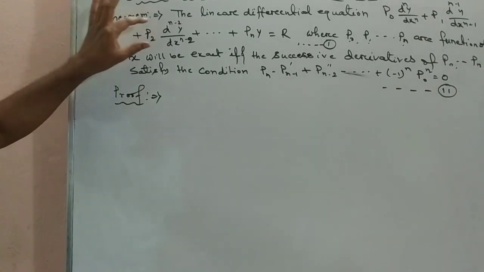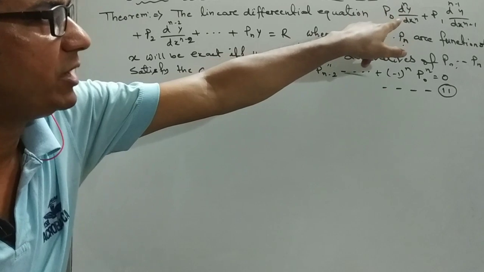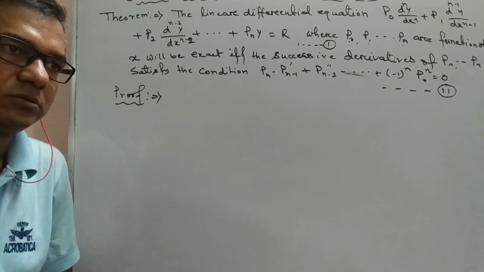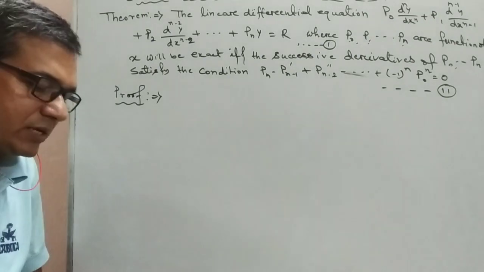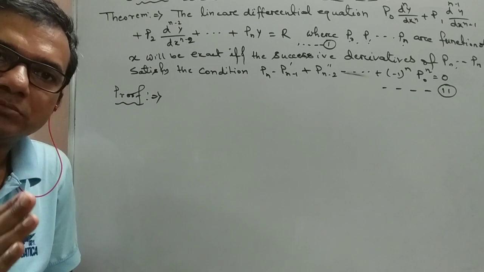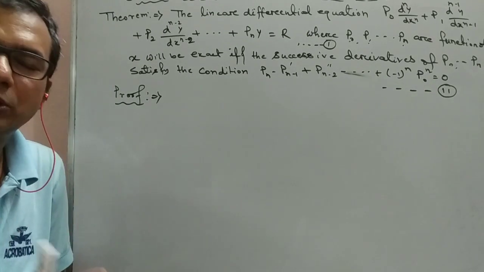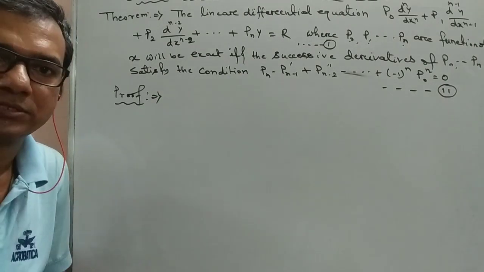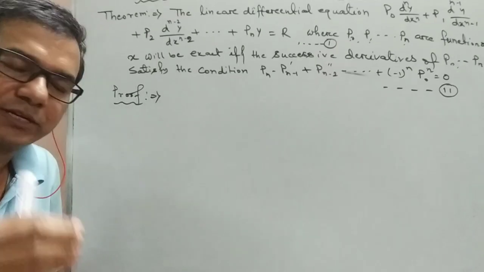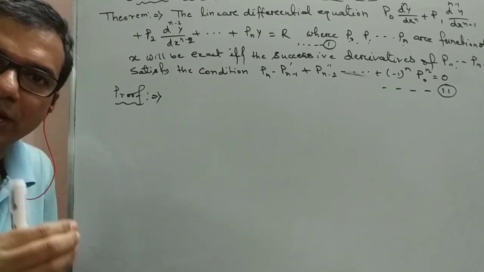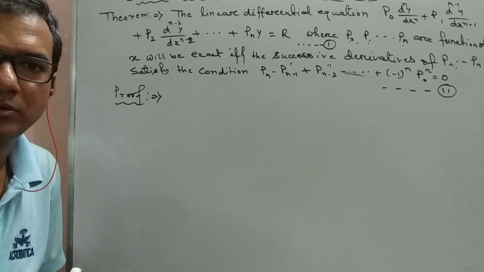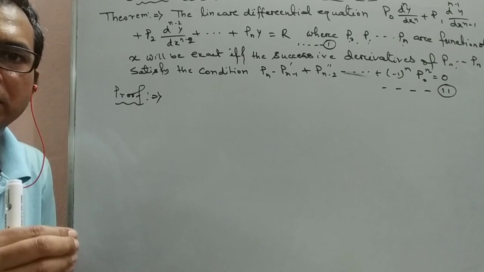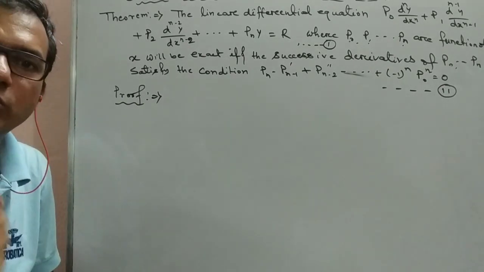If equation 1, that is P0 d^n y by dx^n plus and so on equal to R, is exact, then we can integrate equation 1 on both sides with respect to x, and we get another differential equation of order n minus 1.